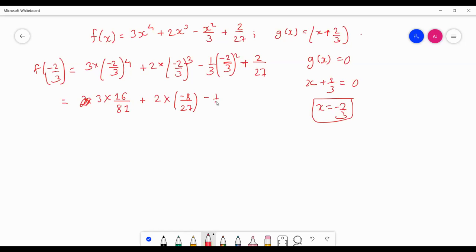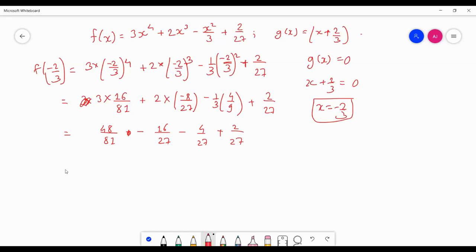Then minus 1/3, and the square of 2/3 will be 4 by 9, plus 2 by 27. Okay. Now we will solve it. It will become 16 threes are 48 upon 81, minus, because plus minus minus. So 16 upon 27 minus 4 upon 27 plus 2 upon 27.